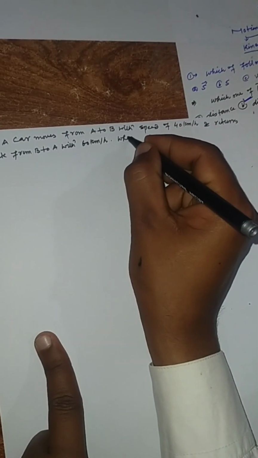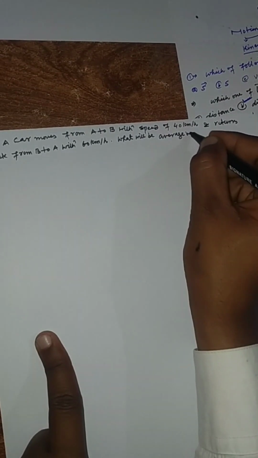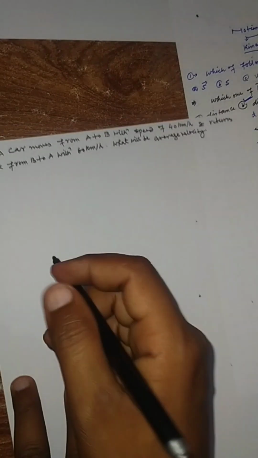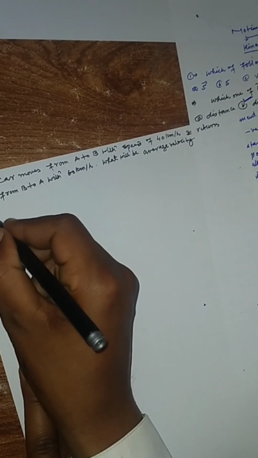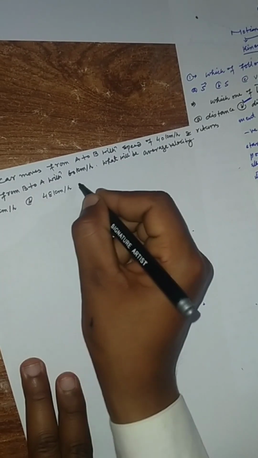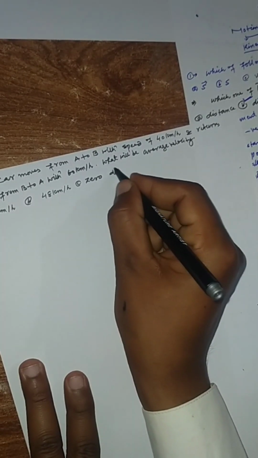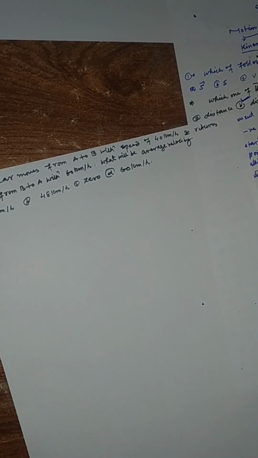What will be the average velocity of the car? Let's say this will be 50 km per hour, 48 km per hour, or we may say 0, or this will be 60 km per hour. Then what will be its average velocity?